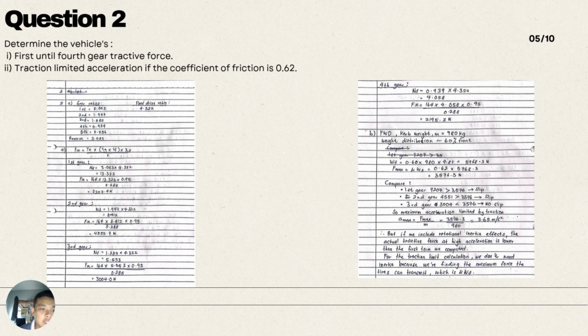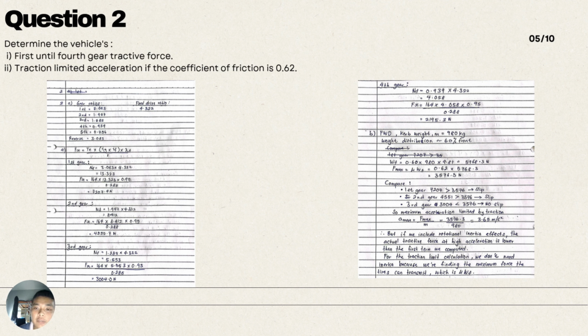For the third gear, it is 3,004.0 Newton. For the fourth gear, it is 2,195.3 Newton.